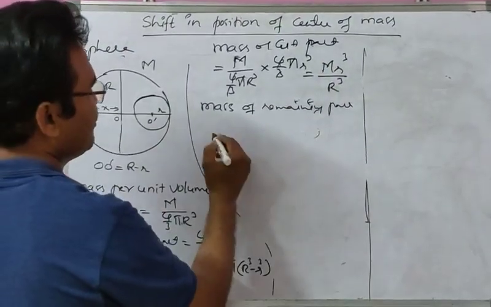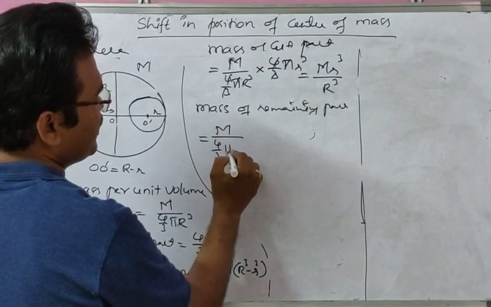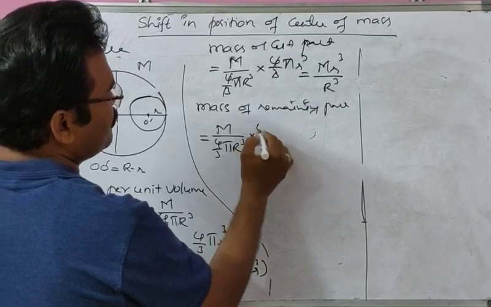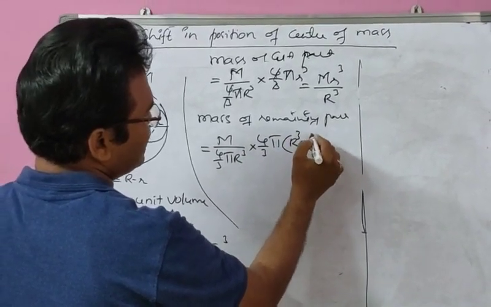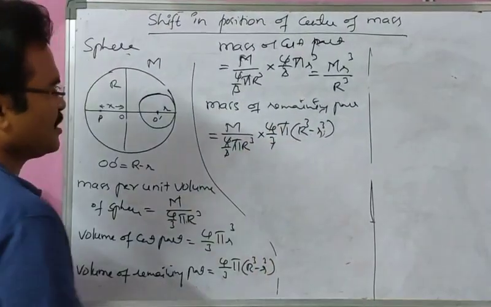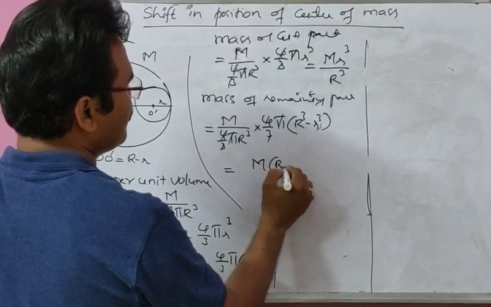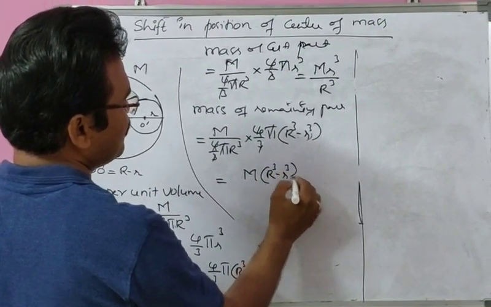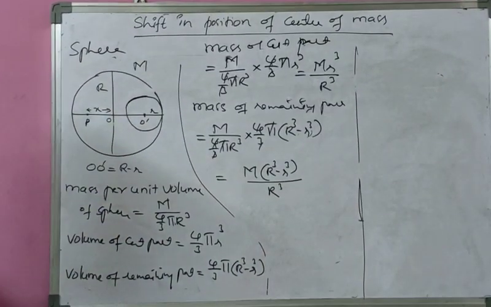Similarly, mass of the remaining part is M by 4 by 3 pi capital R cube into 4 by 3 pi into R cube minus r cube. So 4 by 3 pi, 4 by 3 pi gets cancelled out. We are left with M of R cube minus r cube divided by capital R cube. So we got the mass of these two quantities.